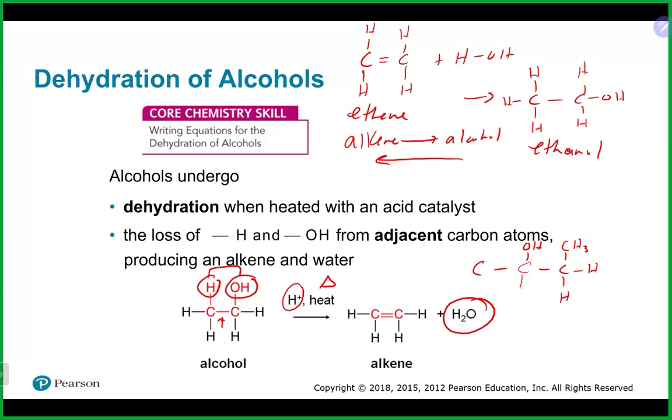So when we take off, say on this one here, and we heat it up and do a little dehydration, we definitely are going to take out the OH group here. But the difference here is we actually have a couple of options as to where we could remove the hydrogen. There's a carbon to the left and there's a carbon to the right. So in this particular case, we could actually choose a hydrogen off of one of those two carbons.